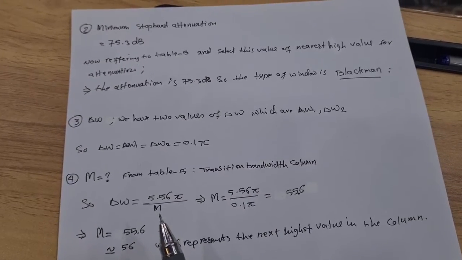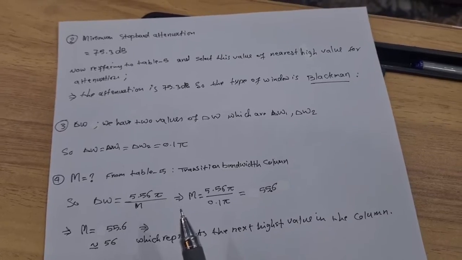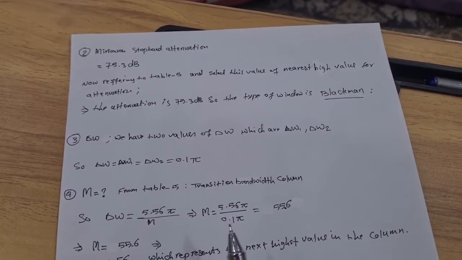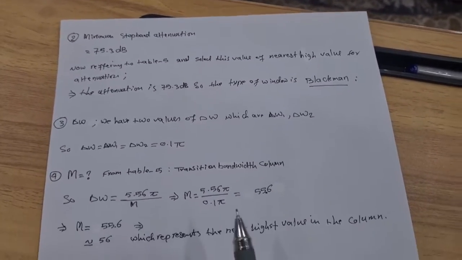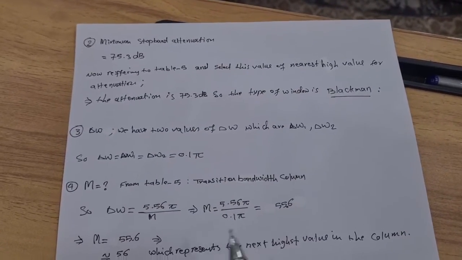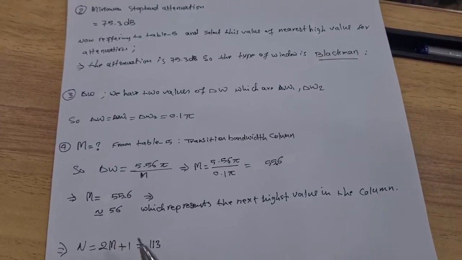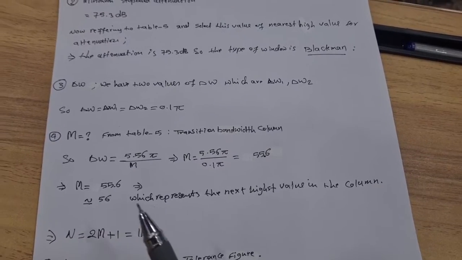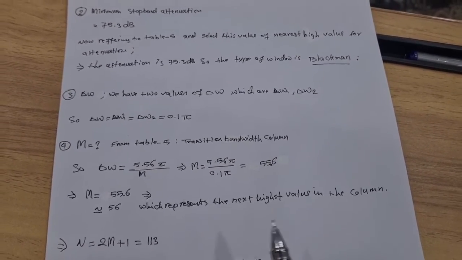So M will equal 5.56 pi divided by 0.1 pi, and as a result we get 55.6 for the value of M, which is approximated to 56, which represents the next highest value in the column.